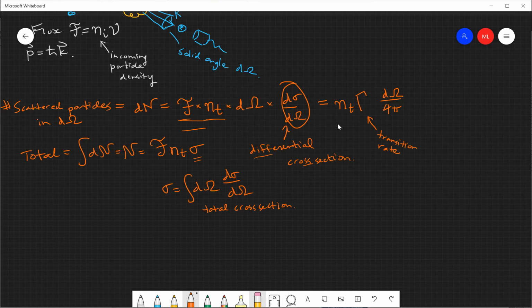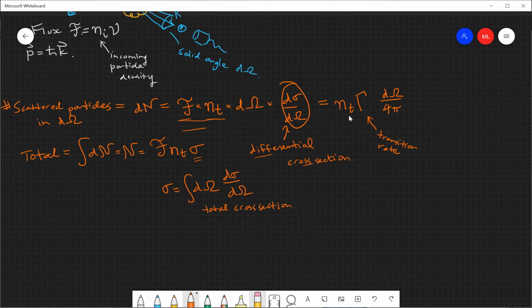And the idea here is that the density is necessary because this is the number of times per unit volume that an incoming particle will have an opportunity to make the transition. Because again, you have an incoming particle, it interacts with some target that's there at some density, and it transitions with that rate. So the number of attempts per unit volume in that target region that you get to undergo this transition at rate gamma must be n_t.